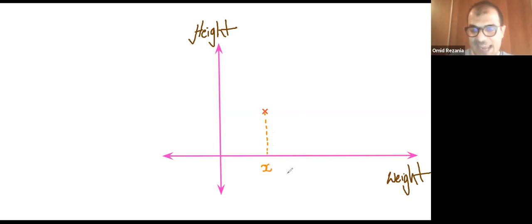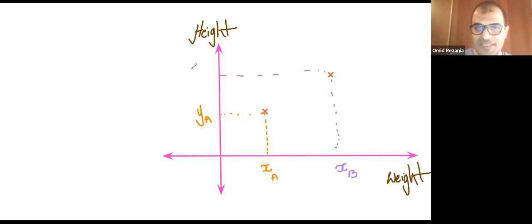You get, let's say, the x of A, and also for the y, for the height, you get the y of A. And also imagine for the second woman, we had something like this: its weight represented as xb, and its height represented as yb.